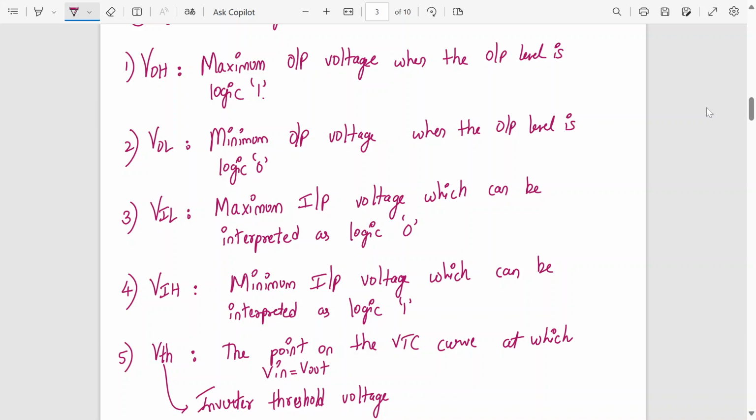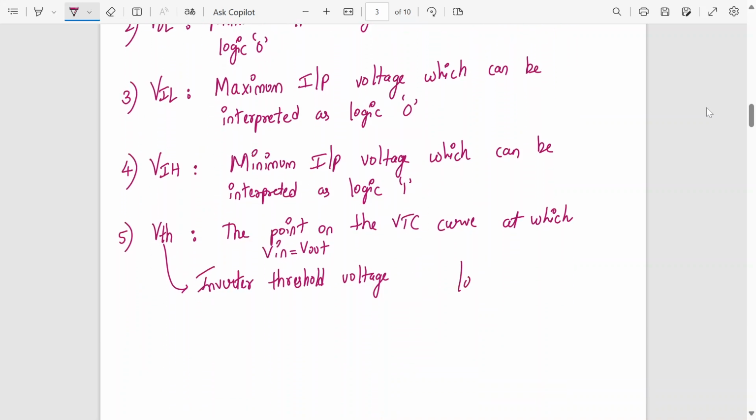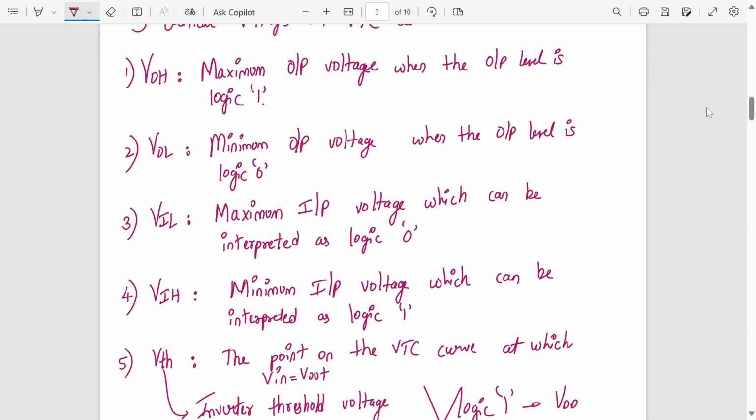When we say logic 1, we understood previously it's 1, it is VDD, and logic 0 is 0. This interpretation has to change. Now we are saying logic 1 is a range, logic 0 is a range, and that is well explained by these 5 critical parameters, actually 4 of them.